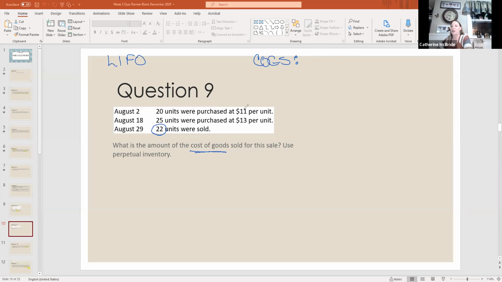Do I start from the bottom or the top? The bottom, because that's where the last units that came in are. So you're going to start from the bottom and work your way up. I had 22 units that were sold, so I'm going to take 22 of these 25 because I have to start at the bottom.